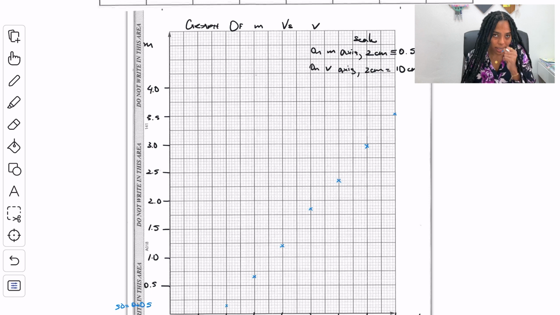I'm noticing that this looks like it's not going to be cutting our y-axis. It looks like it's actually going to be cutting our x-axis. So I kind of have to think about what that means to make sure that I'm not completely off.